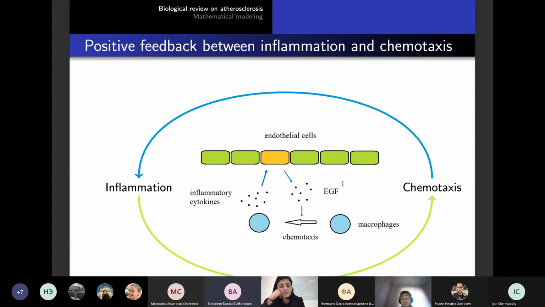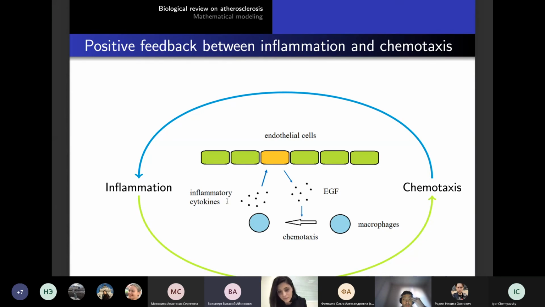Yes, right. So I'd like just to recall that in fact there are, as we discussed previously, two different molecules. These activatory cytokines, we call them A, determine the influx of monocytes into the vessel wall, and then another molecule is EGF, which determines chemotaxis of macrophages. So in these fatty streaks, as was shown in the experimental results, the whole wall after this fatty diet becomes inflamed, and monocytes penetrate everywhere in the wall.